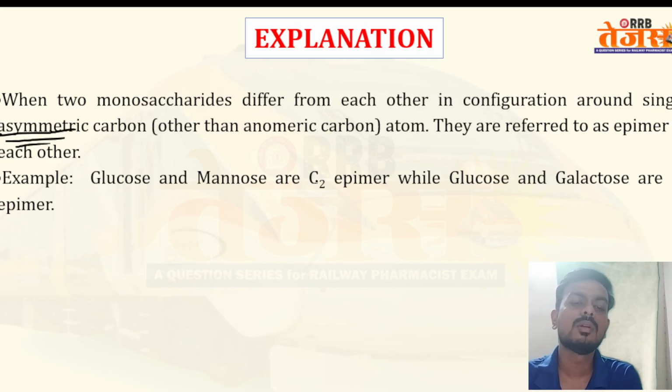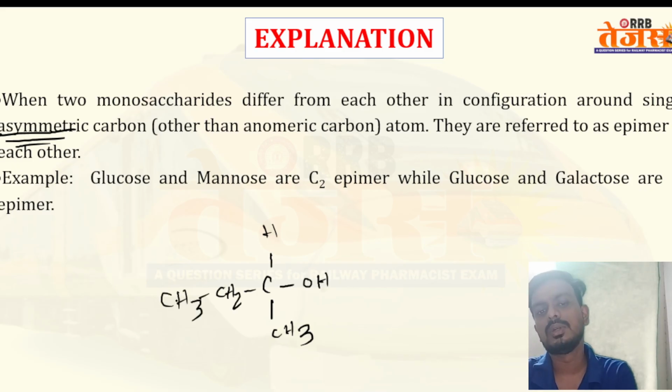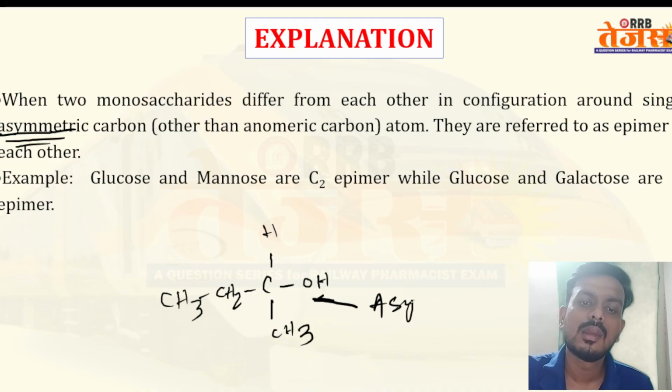Asymmetric carbon means a carbon having four different functional groups attached to it, for example H, CH3, CH2CH3. We call it an asymmetric carbon.